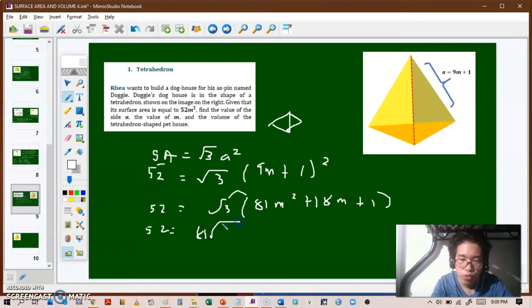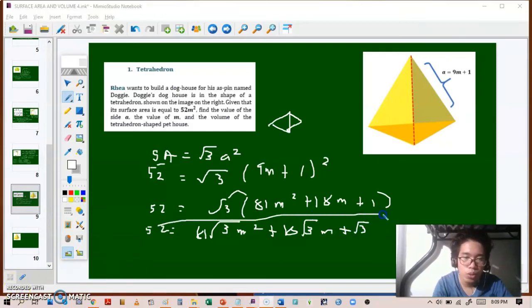81 square root of 3 m squared plus 18 square root of 3 m plus square root of 3. And from here we can now solve for the value of m by transposing 52 to the other side.